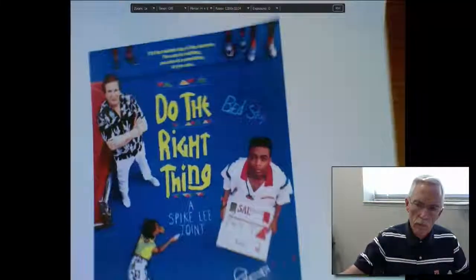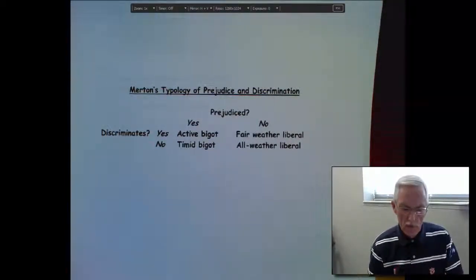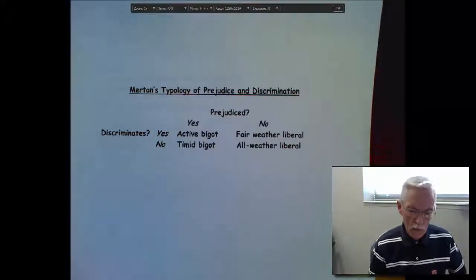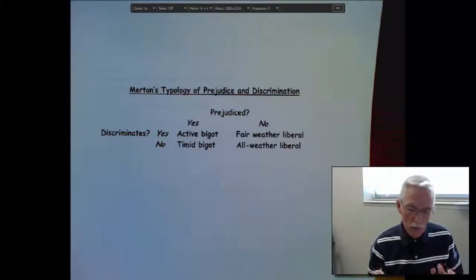On the other hand, the fair-weather liberal is someone who's not prejudiced but does discriminate. A store owner, for example, who might think it's wrong to treat minorities worse than whites, but still refuses them service because the owner fears he'll lose his white customers.